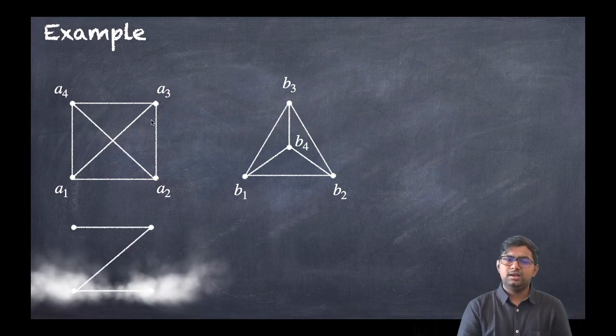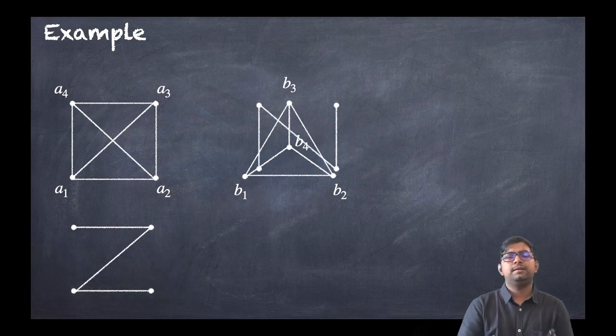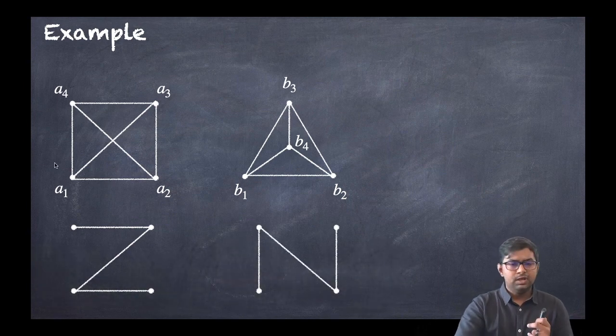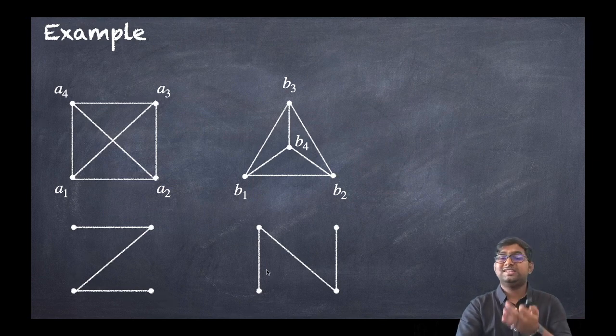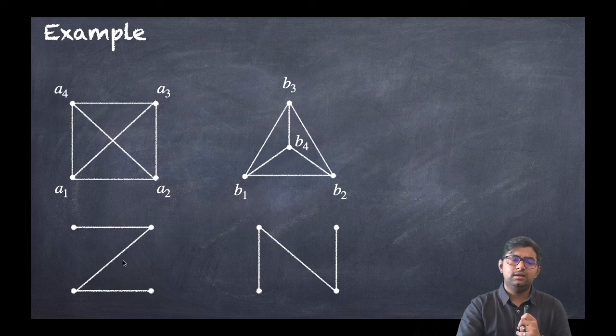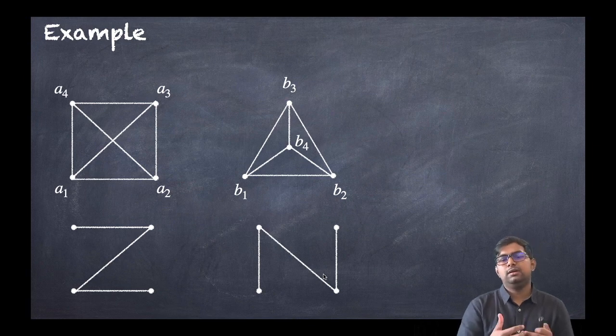Now let us take another example. Consider this Z and this N. How many vertices are there? 1, 2, 3, 4, and in the same manner a total of 4 vertices in the other. How many edges in the first? 3 edges, and here also a total of 3 edges. We haven't given vertex names. Why?